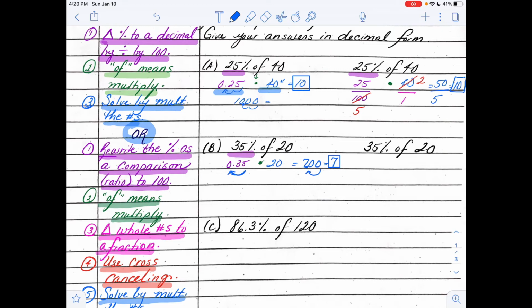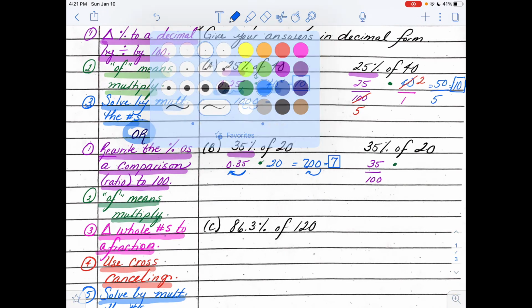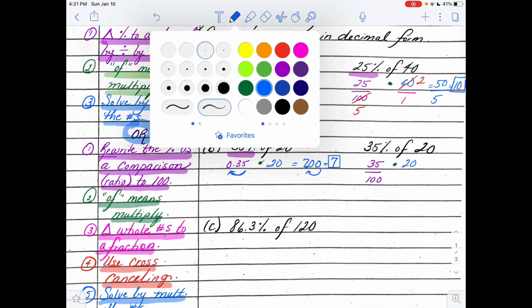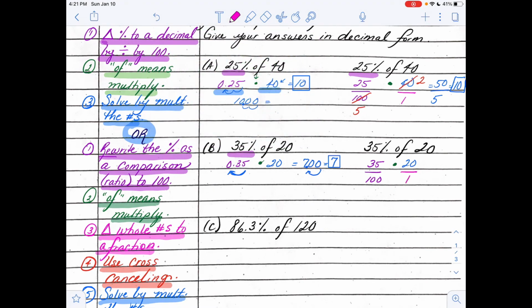Now let's try it as that ratio. 35% is the same thing as 35 over 100. Of means to multiply, and we're multiplying that by 20. Again, let's put a 1 underneath that whole number, and see if we can reduce any of my diagonals. 35 and 1, I cannot reduce. 20 and 100, oh yes, I can. 20 goes into both. 20 goes into 20 once. 20 goes into 100 5 times.